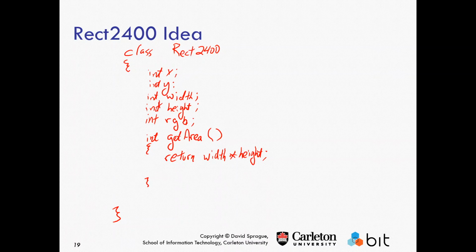So, if I have a rect2400, let's call it myRect. All right, and I can call myRect dot getArea, and magically I should get the area for my rectangle that I created, much like getting the area for my structure.